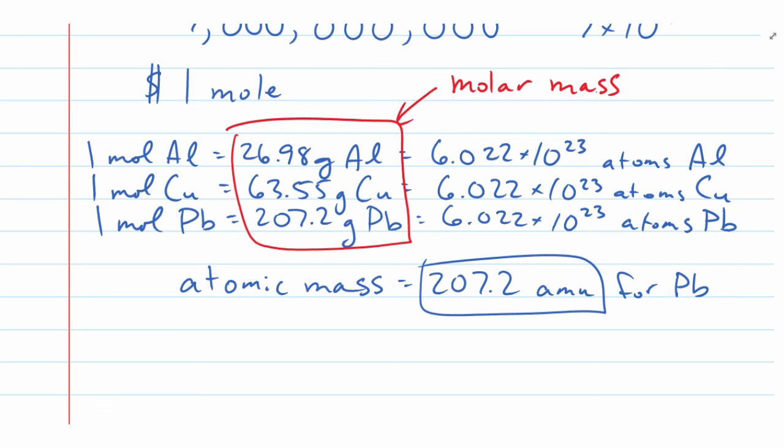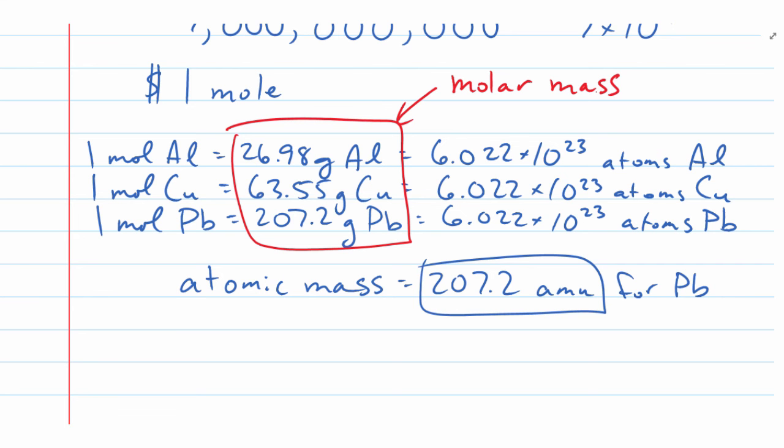And the word mole has a Latin derivation which stands for heap or pile. So if we have a heap or pile of atoms, we have a mole, and so we're going to measure a heap or pile of them in units of grams. If we're talking about individual atoms, they're going to be measured in atomic mass units.